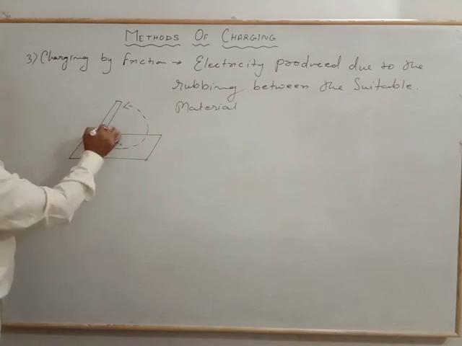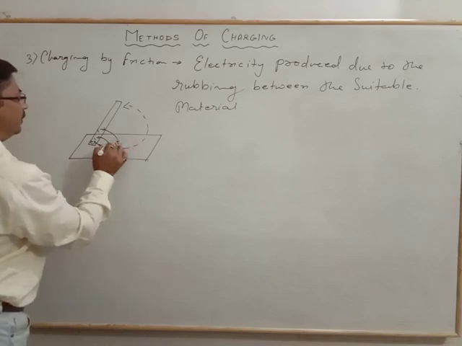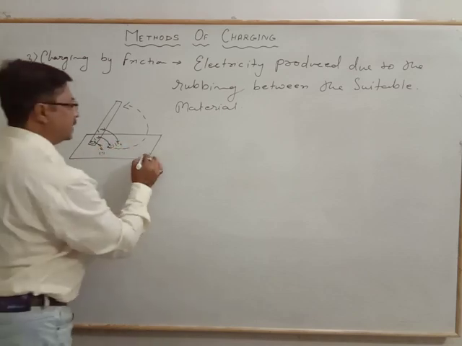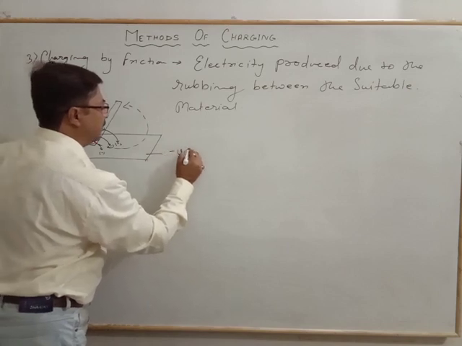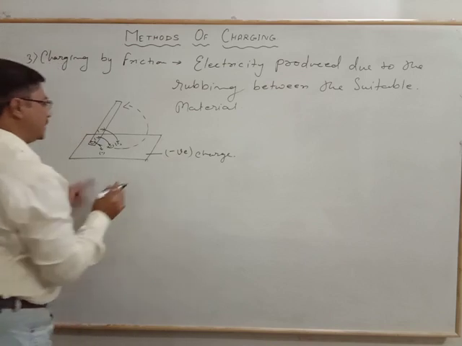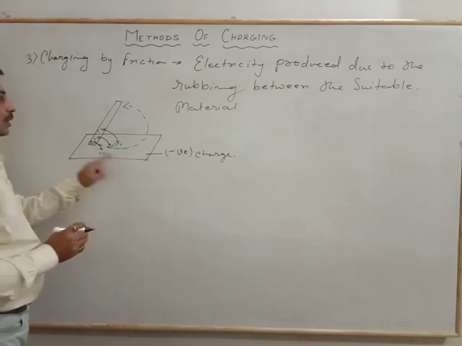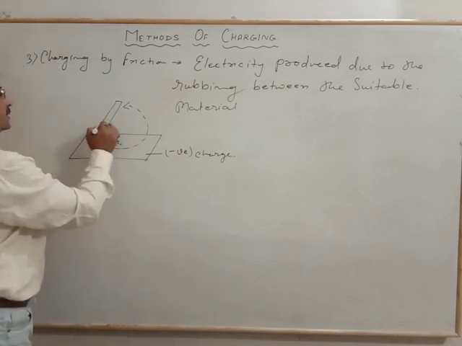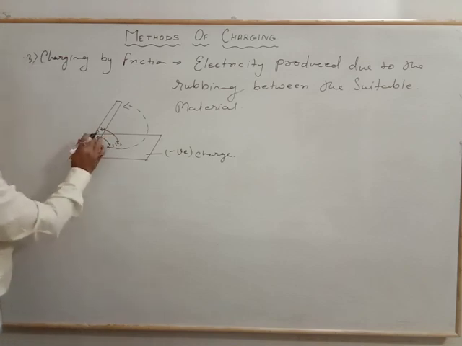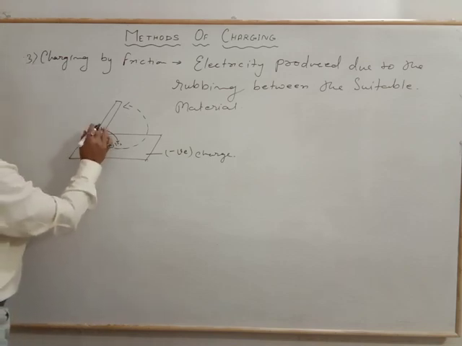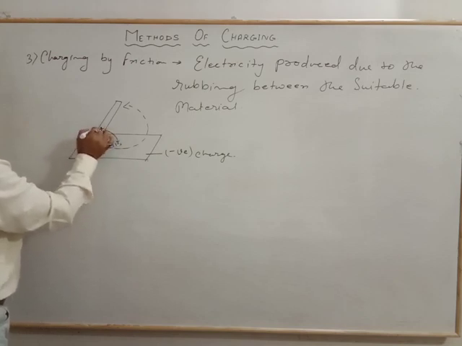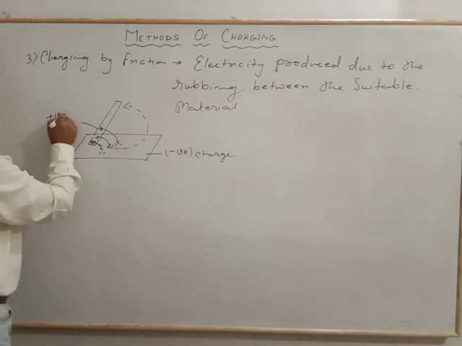On that case the electron jumps to the second material, and that second material gets the negative charge, because it has the excess of charge now, and the one that leaves the electron is left behind positive, so that becomes the positive charge.